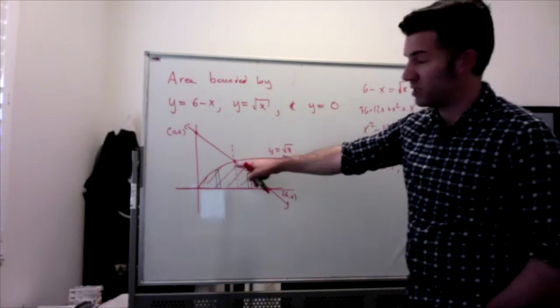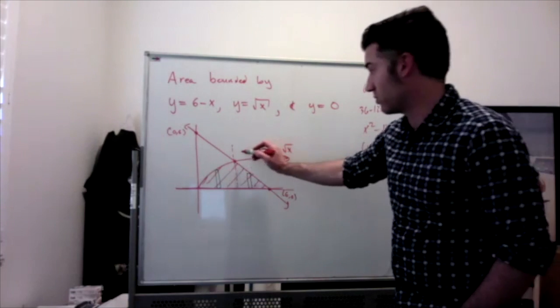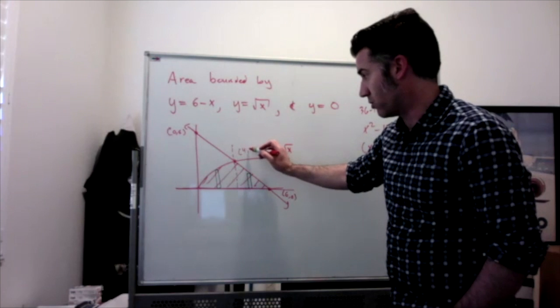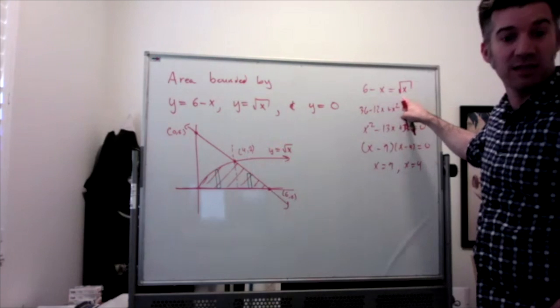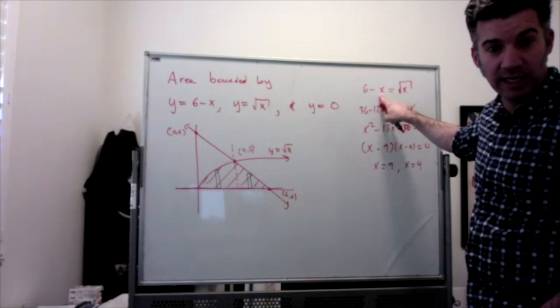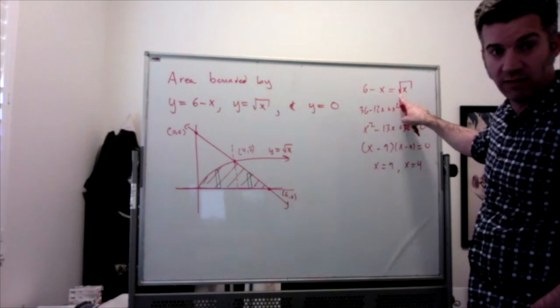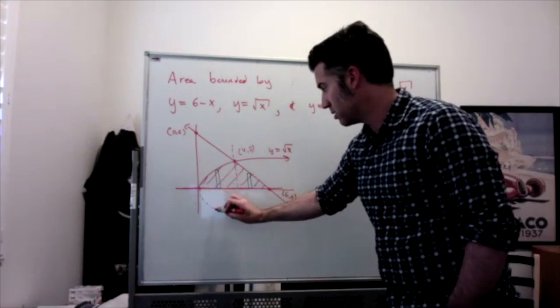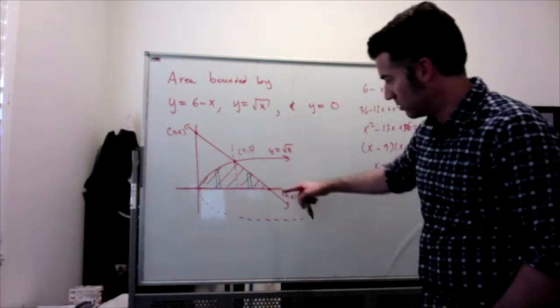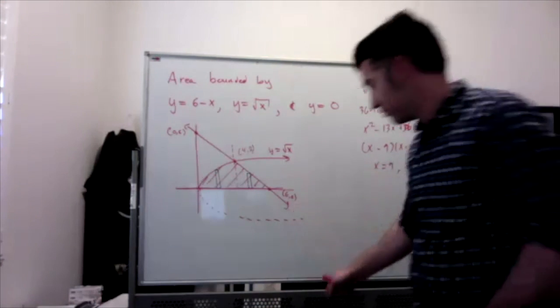Clearly this point isn't where x equals 9. This is where x equals 4 and y equals 2. x equals 9 is an extraneous solution: 6 minus 9 is negative 3, but the square root of 9 is positive 3. That would be the point you would get if you extended this line down here. These would intersect at 9, whatever.